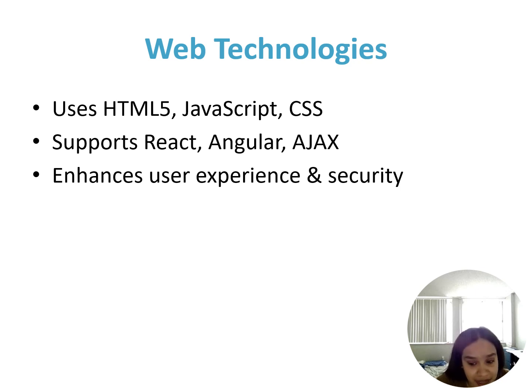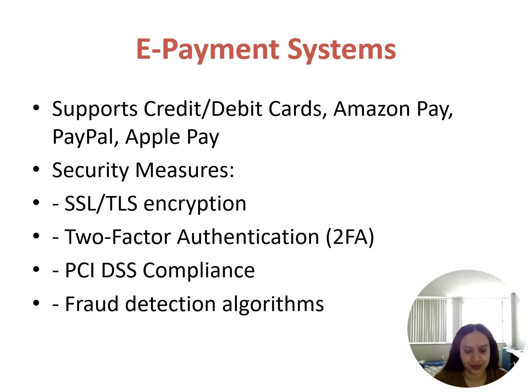These are other technologies besides HTML, JavaScript, and CSS, and they enhance the user experience and give a lot of the web security that is required for the whole website.